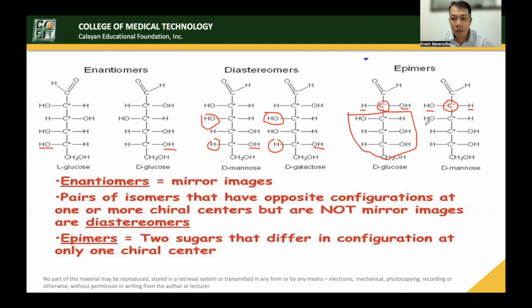They are the same. So therefore, D-mannose is an epimer from D-glucose on the second carbon. So we call it a C2 epimer, because it is found on the, it's difficult to write here.